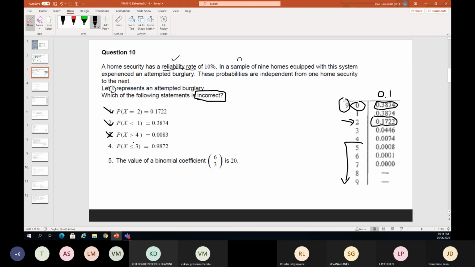So smaller or equal to 3. If it is smaller or equal to 3, where would we look? 0 to 3. We can add all of them together, or we can say 1 minus this group.